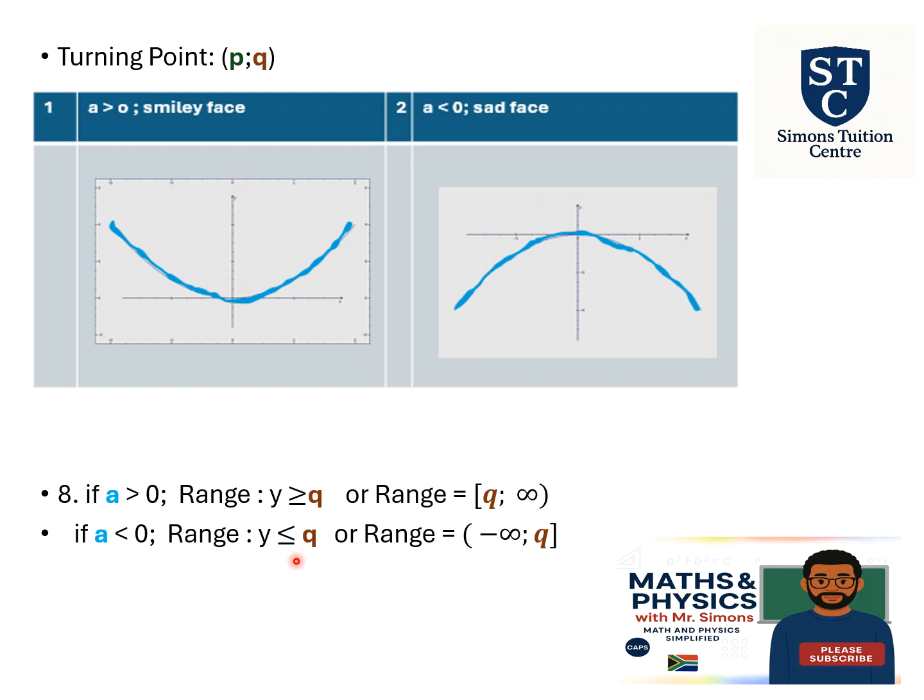For the sad face, y is less or equal to 0 because it's turning at 0, or my range, always from smallest to biggest, is negative infinity to 0. Because 0 is included, I have a square bracket. For infinity, it must always be an open bracket because we don't know where positive infinity and negative infinity end.